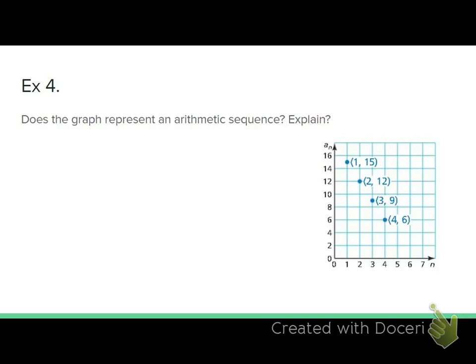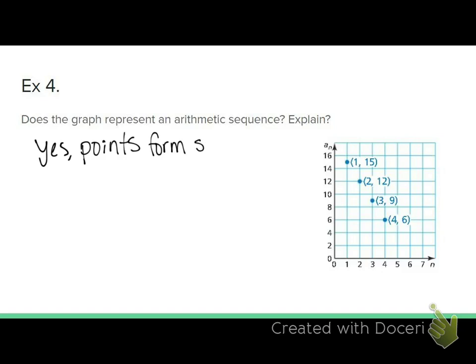All right, next up, does the graph represent an arithmetic sequence? Explain. So there are a couple ways we could explain it. Lydia? Yes, because it's going to... Okay, we could say yes, the points form a straight line.